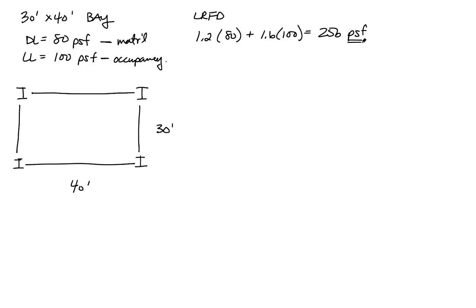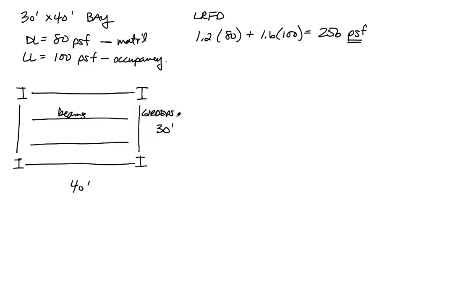This is an area load that we're going to need to create a line load out of once we frame. And so what we're going to do here is decide to frame this thing in the long direction with the beams. Those beams then frame into these girders.